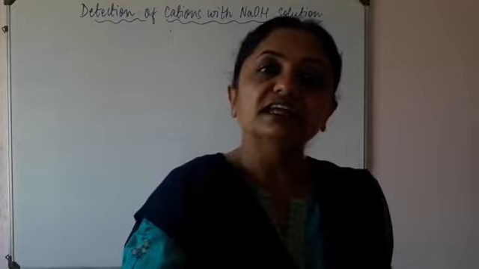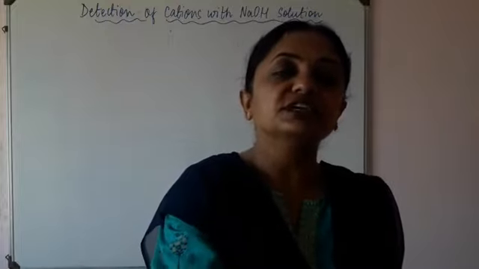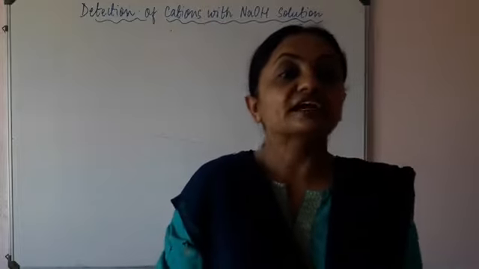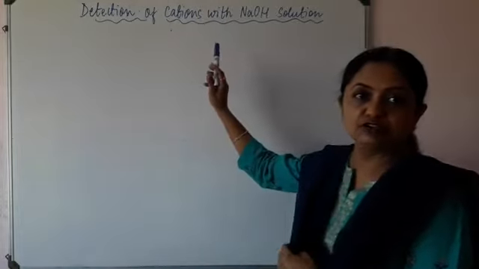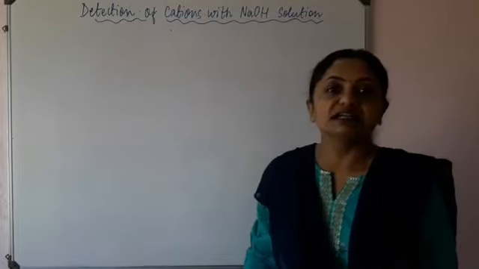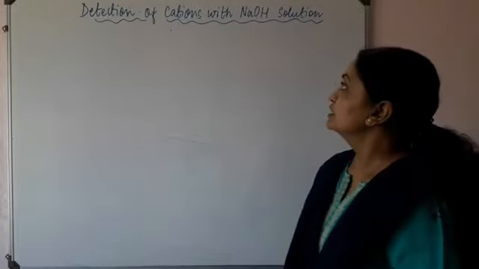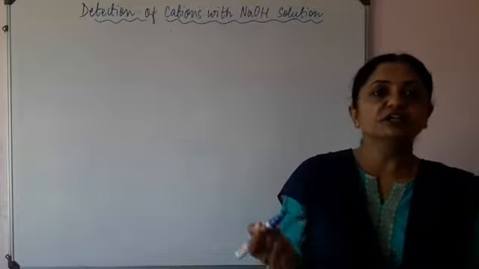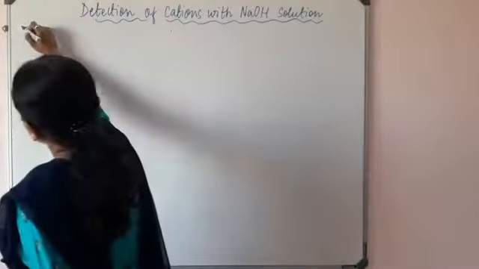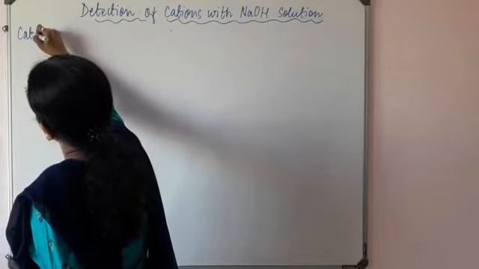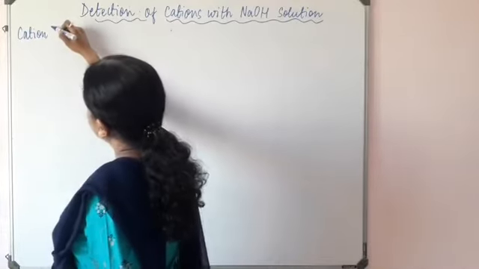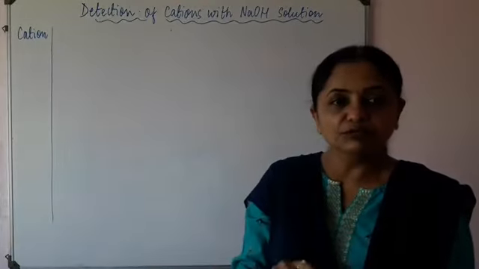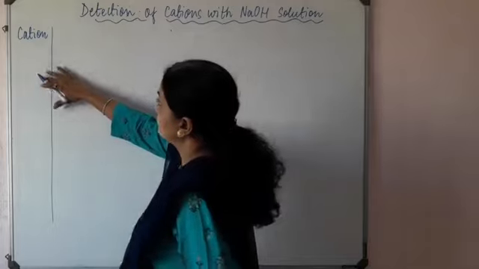Now next I'll be drawing one table. In that we will see the action of sodium hydroxide solution on certain metallic salt solutions, right? So here, detection of cations by this. Now let us take salt solution. Here I will write cation. What is the cation in this? We will come to know that at the end, but right now I am writing cation.